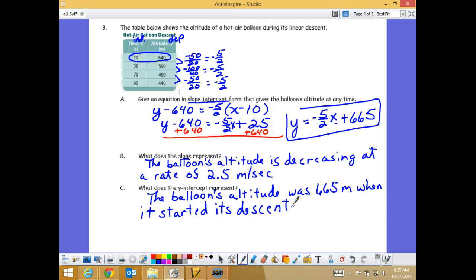So that's what the y-intercept and the slope mean.